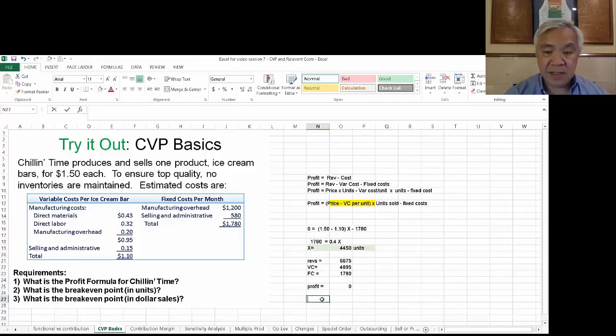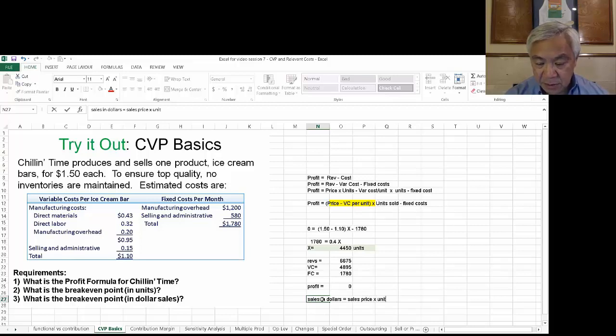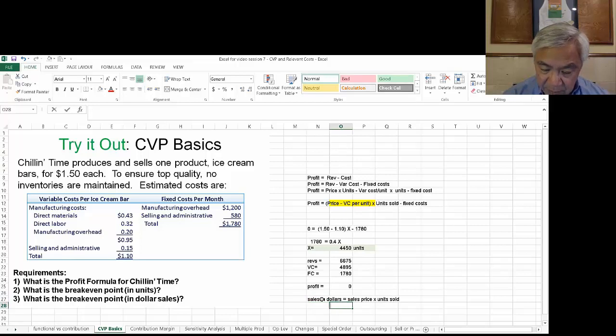If we wanted to do sales in dollars, that equals sales price times the units sold, right? Pretty straightforward. In this example, the sales price is $1.50, times the units sold, right here, 4450.